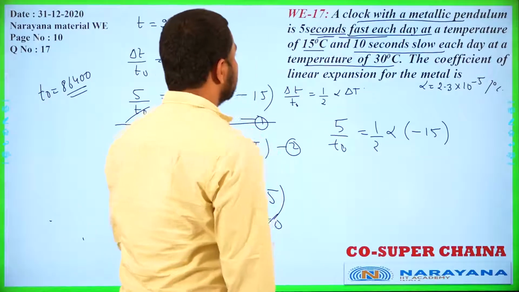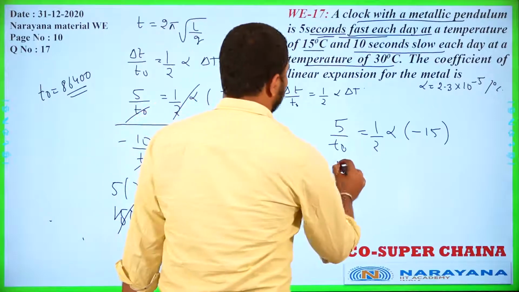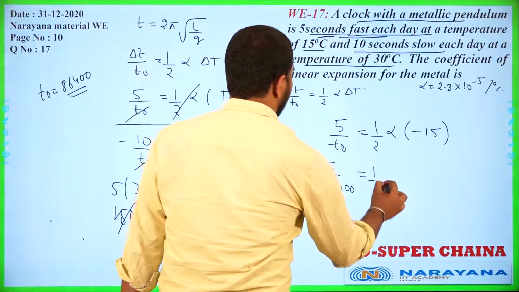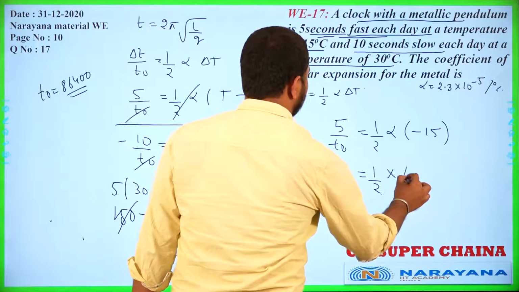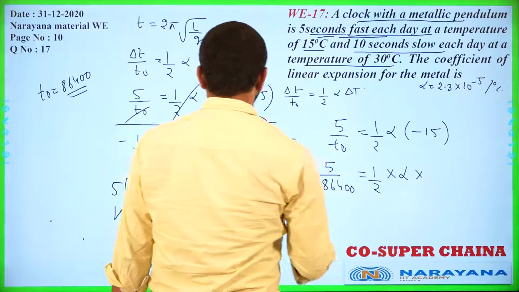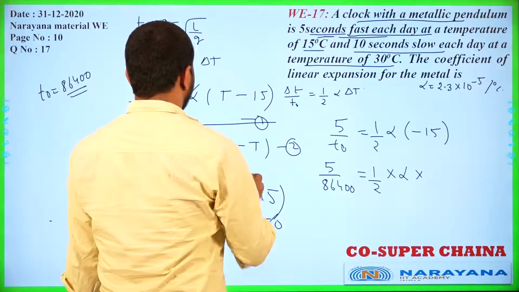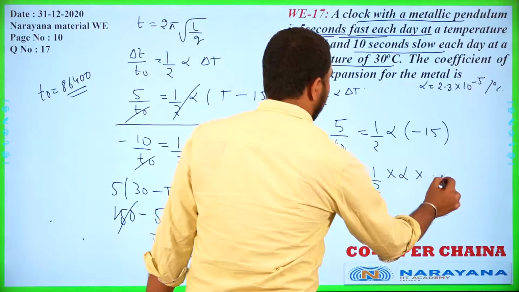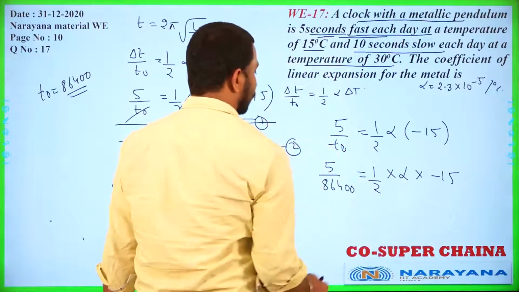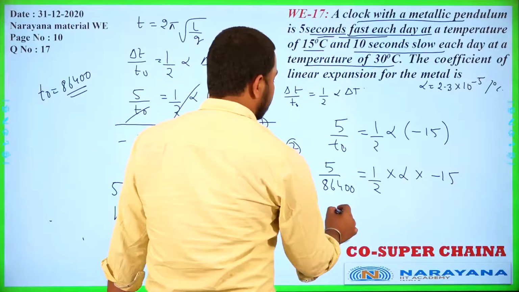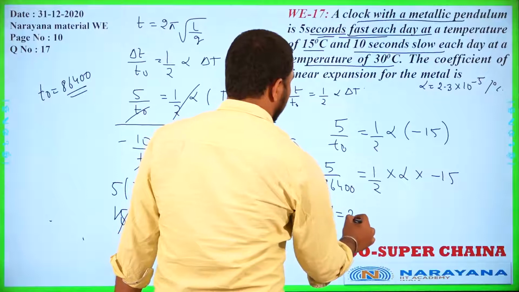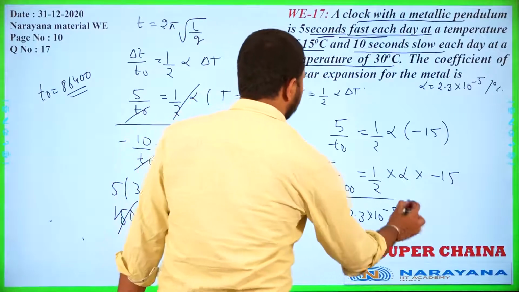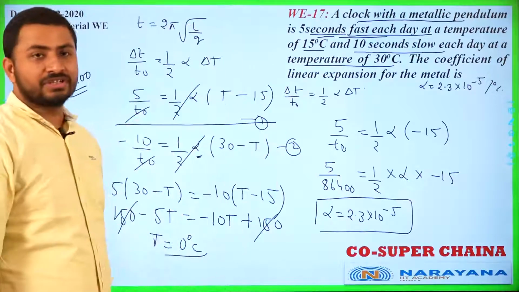So 5 by 86400 is equals to half into alpha into T minus 15, so we can substitute here minus 15. So what we are getting here, we can get the value of alpha as 2.3 into 10 to the power minus 5, and that will be the answer of this question, right?